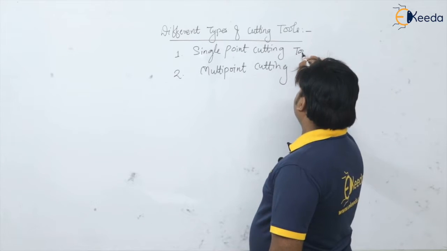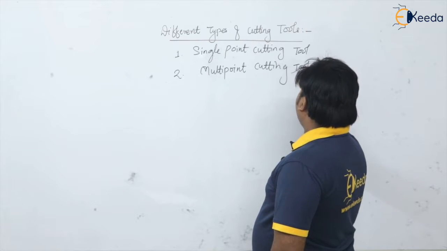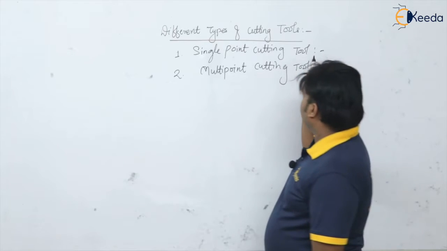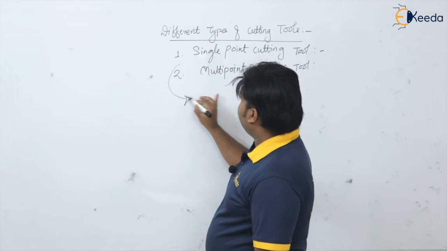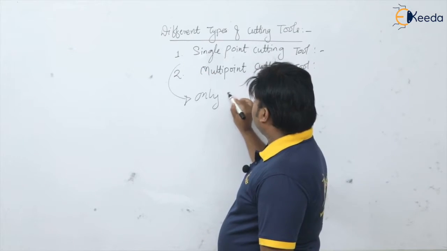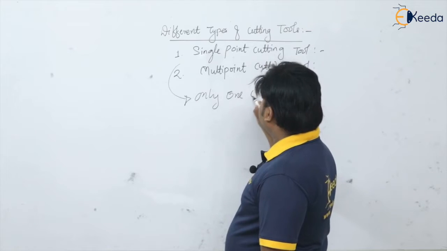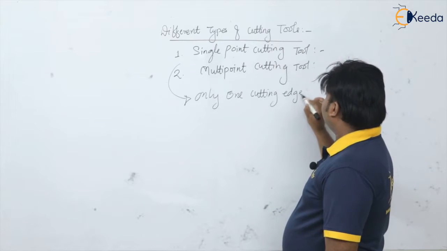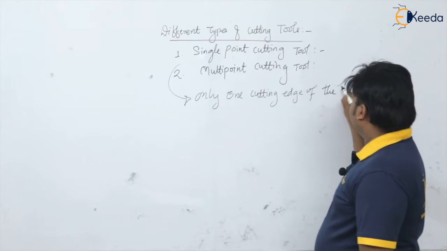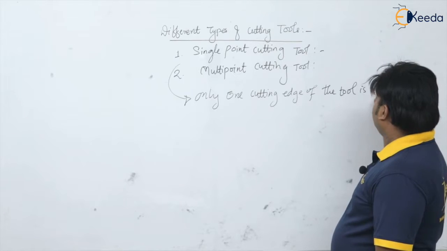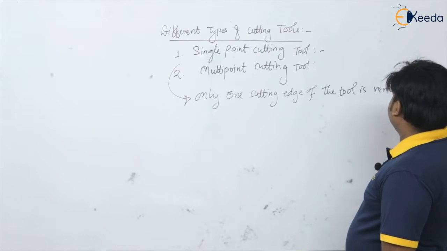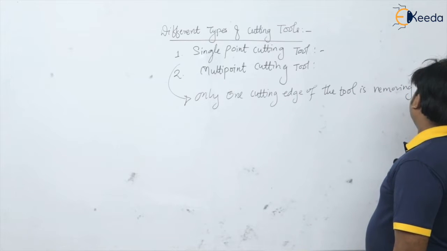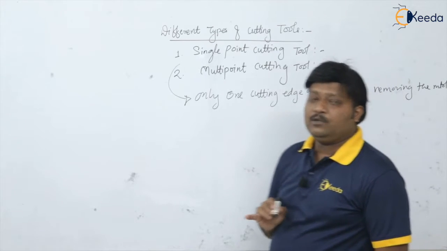If only one cutting edge of the tool is removing the material or participating in the cutting operation, then it is known as a single point cutting tool.